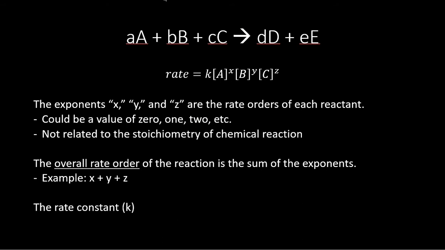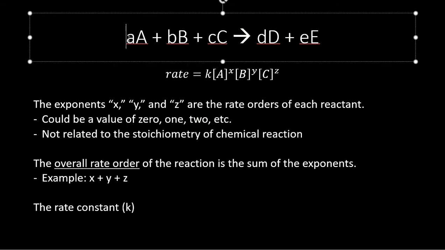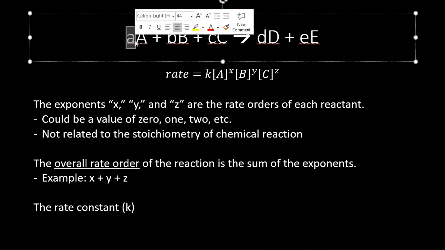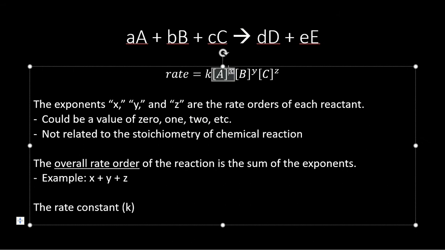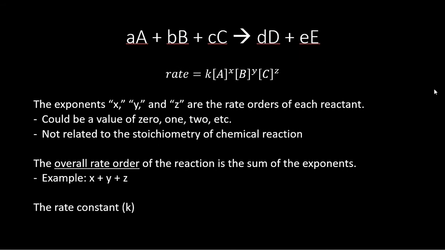In other words, if for reactant A, the stoichiometry is 2 and the rate order ends up being 2 as well, that's purely coincidental. Just know that the rate order exponents do not necessarily equal the stoichiometry for each of those reactants.